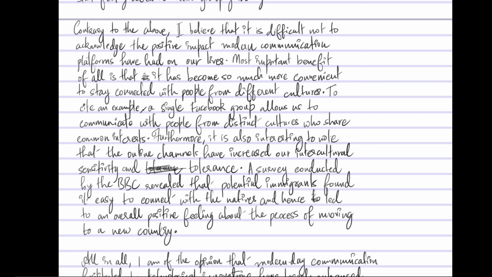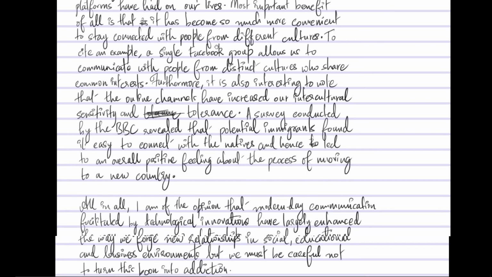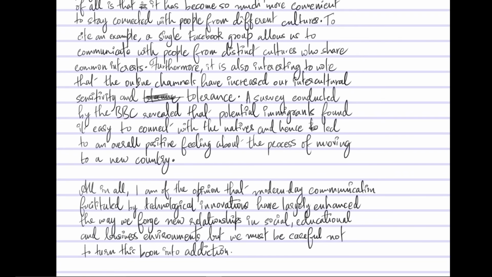To cite an example, a single Facebook group allows us to communicate with people from distinct cultures who share common interests. Furthermore, it is also interesting to note that online channels have increased our intercultural sensitivity and tolerance. A survey conducted by the BBC revealed that potential immigrants found it easy to connect with the natives and hence led to an overall positive feeling about the process of moving to a new country.